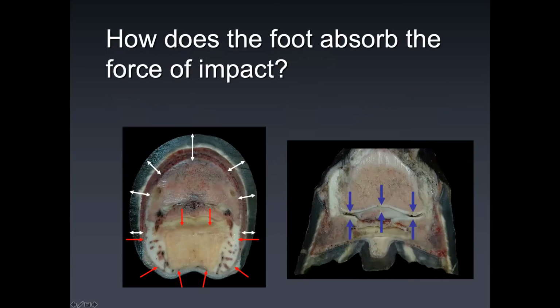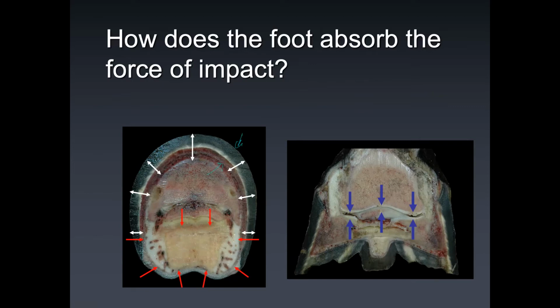So how does the animal absorb this force of impact? I said it can land with a force of about 2.5 times its body weight at a gallop. And there are lots of structures inside the horse's foot that can absorb energy. Probably the big one, of course, is the hoof itself. I've told you that it is very stiff out here and it's very flexible in here.